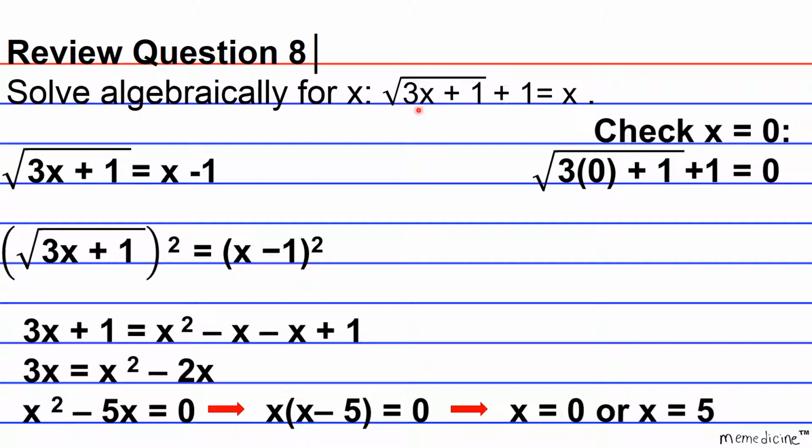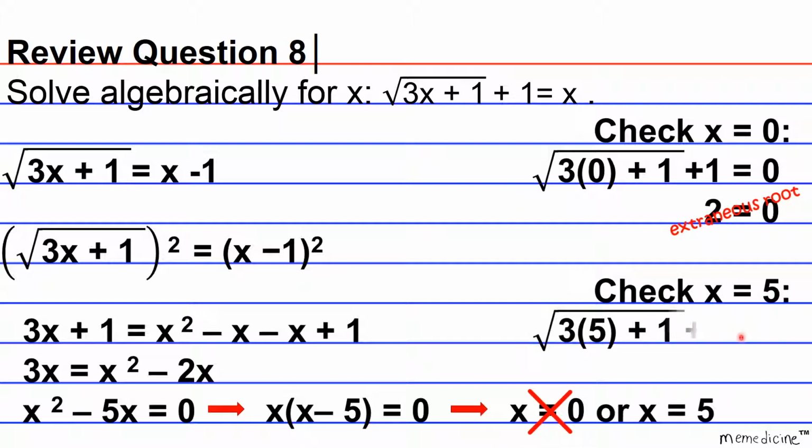And when we plug 0 back into the original equation, we get 3 times 0, so that's 0 plus 1. So radical 1 is 1, plus another 1 is 2. So does 2 equal 0? Nope. This is an extraneous root, so x is equivalent to 0 doesn't check. It's not a solution. Now let's check x is equivalent to 5.